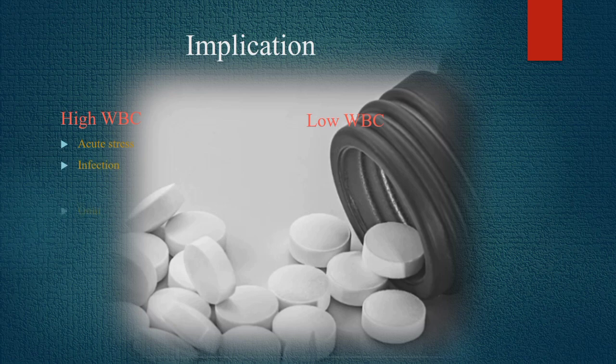Is the patient having an infection? Of course, you have to assess signs of infection, as we talked about: malaise, fever, and chills. Is the patient having gout or rheumatoid arthritis? All these are conditions that can increase the number of white blood cells. We also have thyroiditis, trauma, and sometimes pregnancy.